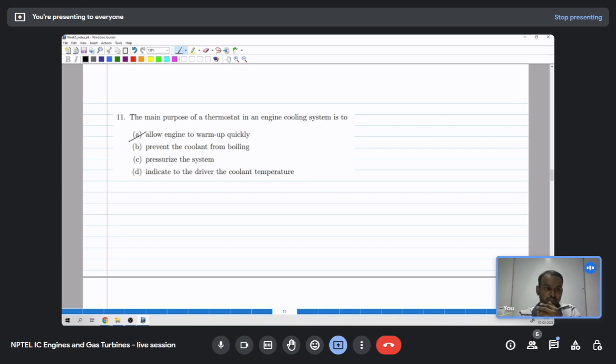Until then there is not much cooling acting on the engine, so it can warm up quickly. When the engine warms up quickly, you have advantages like better thermal efficiency. Running the engine at the optimal temperature is always desirable, and the thermostat is one device which helps achieve the quick warm up.